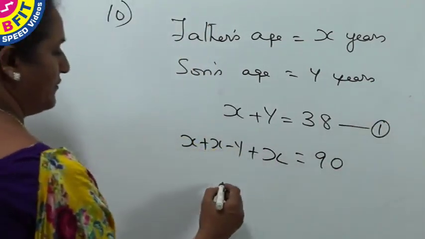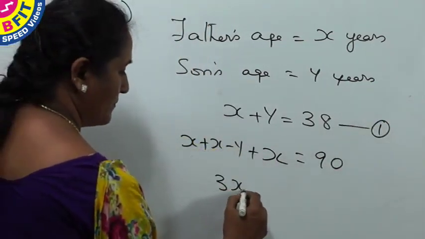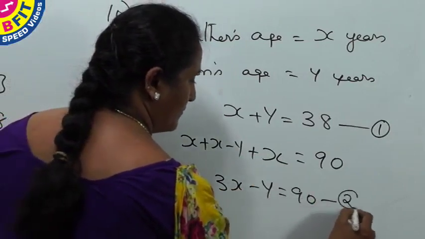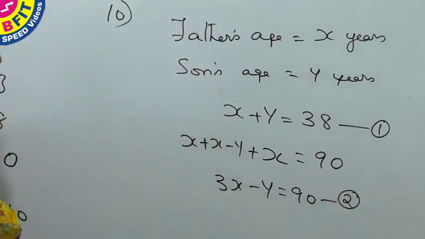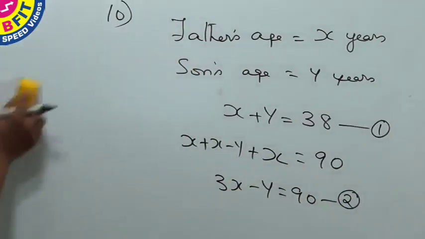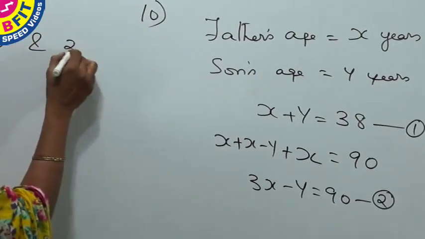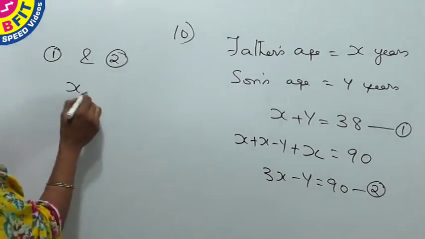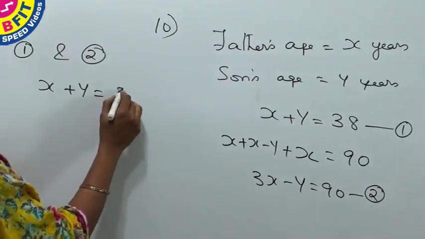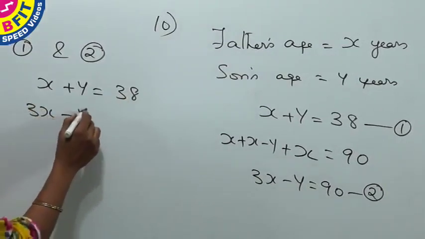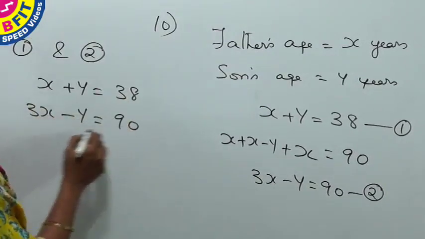One, and simplifying this, now solving 1 and 2, we have X plus Y equal to 38 and 3X minus Y equal to 90.